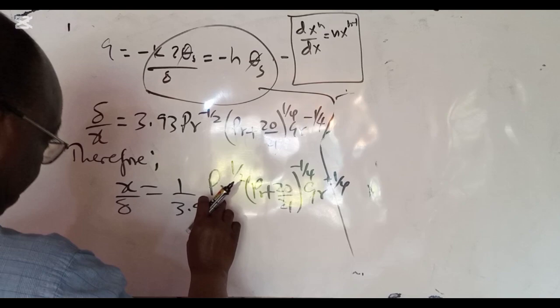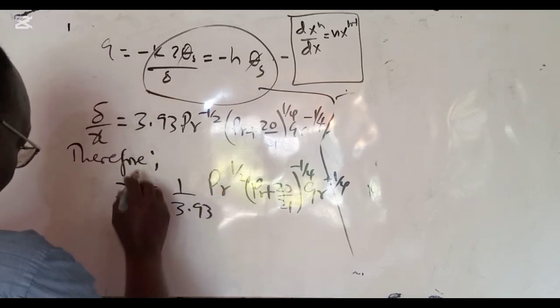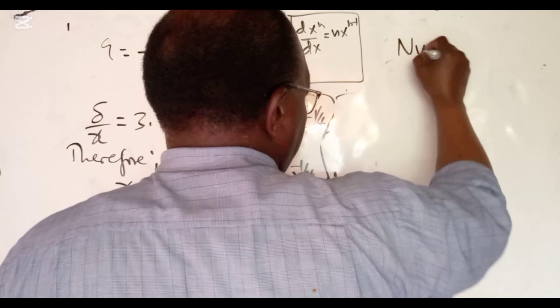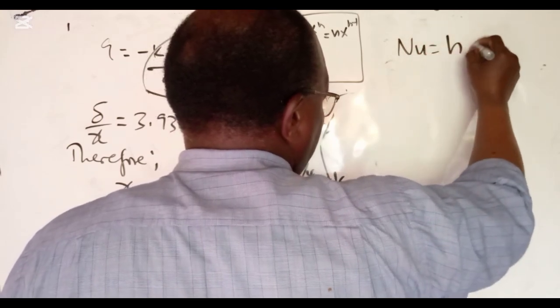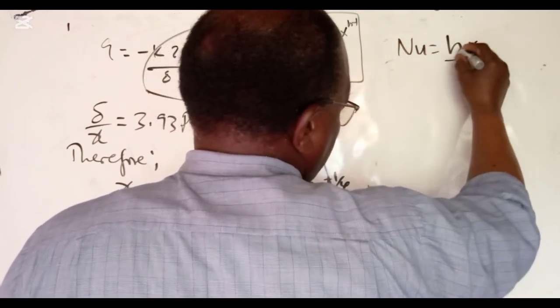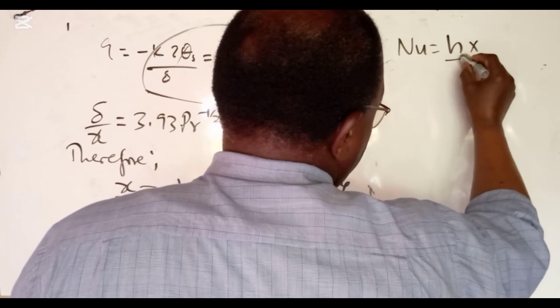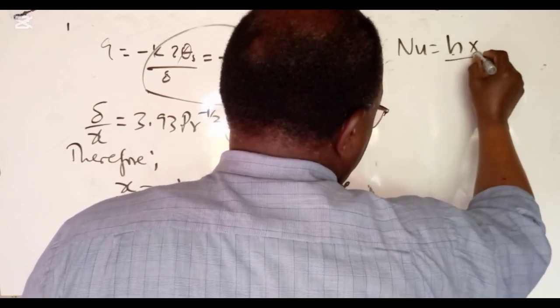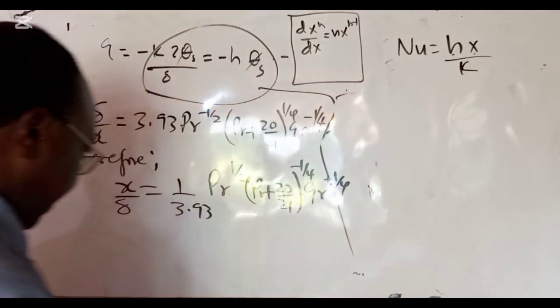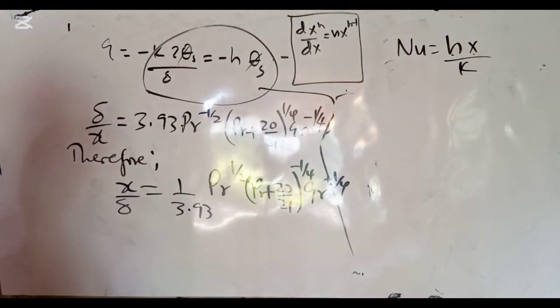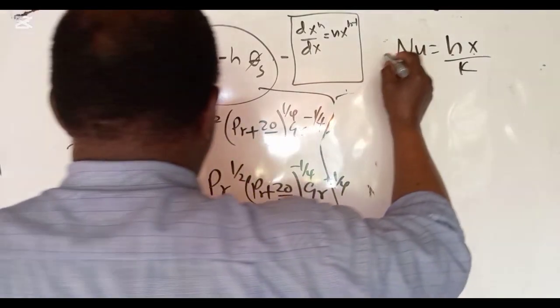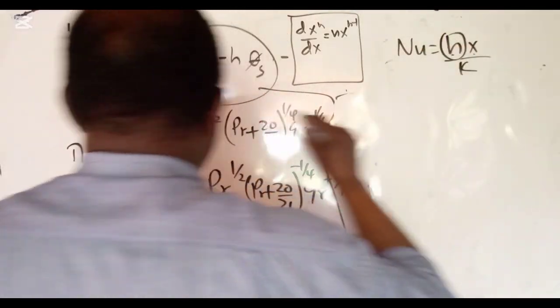In that case, because remember, we have said our Nusselt number was hx. We had our Nusselt number here, which was hL over k. And so we have already put our quantity for h, which we had gotten here.